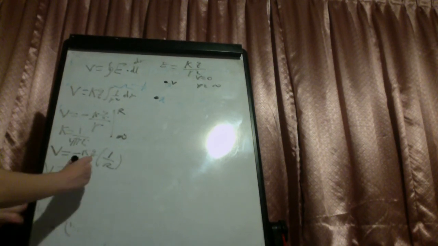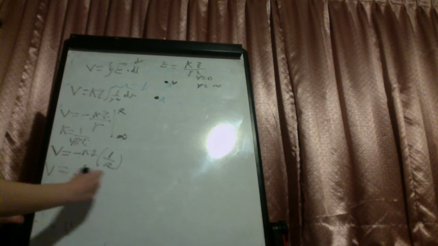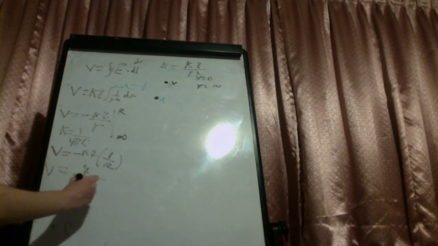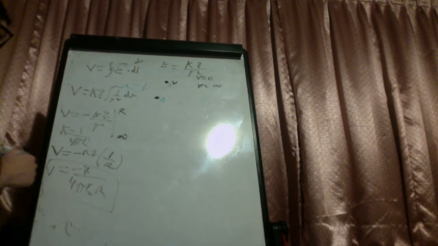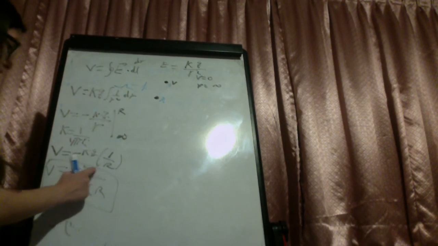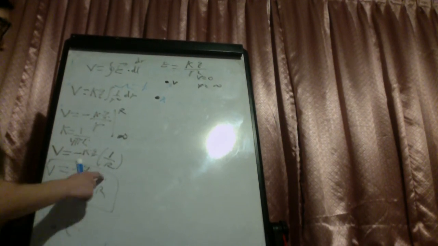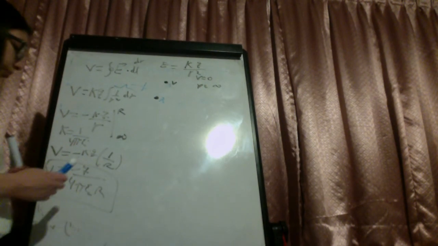I can write it as the negative of q divided by 4 pi epsilon naught r. This is the voltage, and is quite similar to the electrical potential energy, just that electrical potential energy has a q, the other q here, because it's the attraction between two charges.